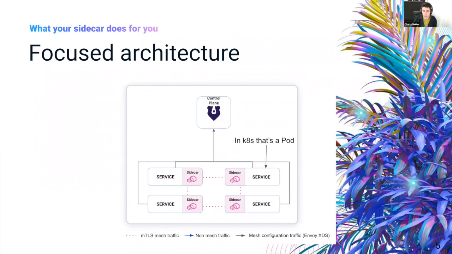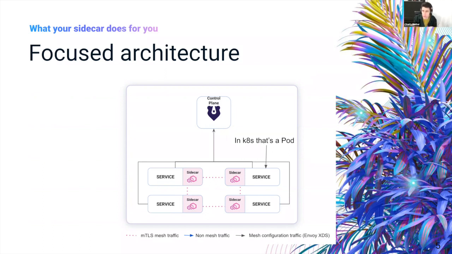These services in Kubernetes are pods. So you have multiple instances of a service. They all connect to the control plane. And then each of these services has a sidecar next to it. In the case of Kubernetes, you get a pod and you get 2 containers in that pod. One is the sidecar and the other one is your actual app.